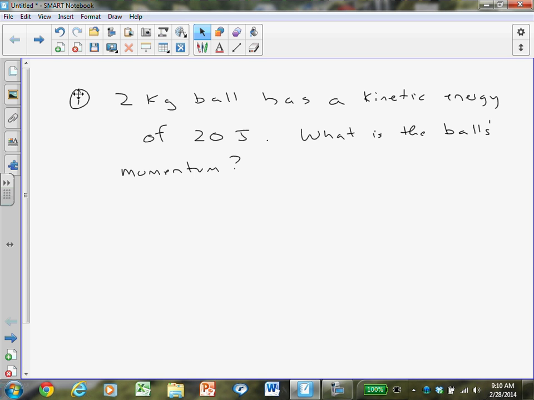Okay, so that's one thing we would need, right? And then K equals 1/2 mv squared as well. So P equals mv. And then K equals 1/2 mv squared.